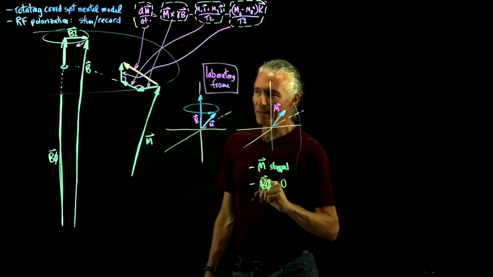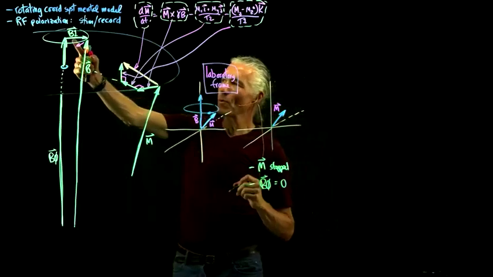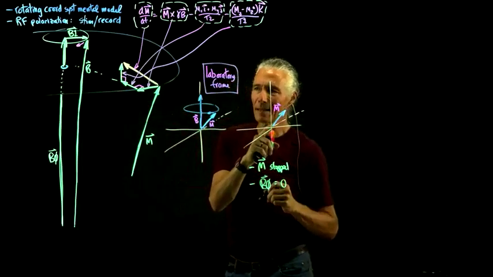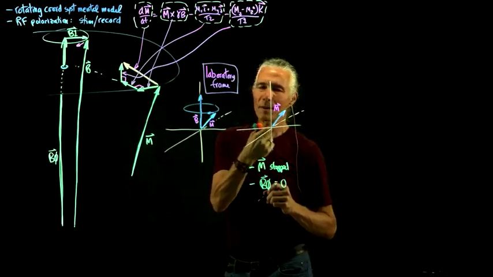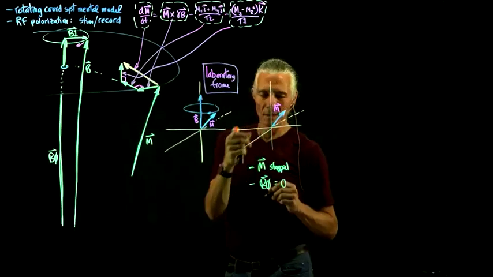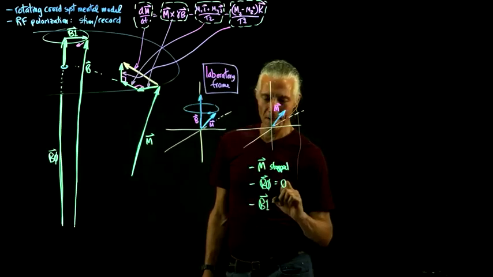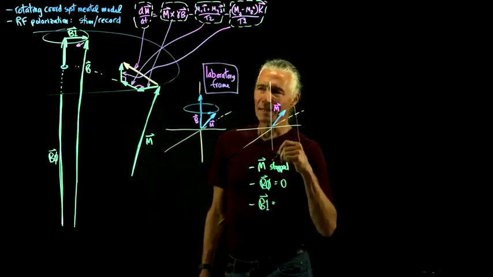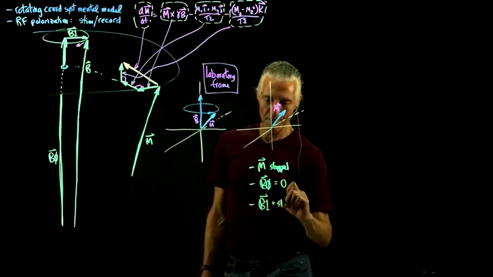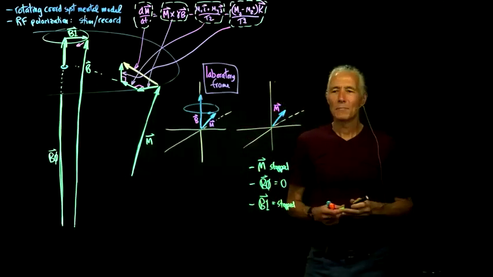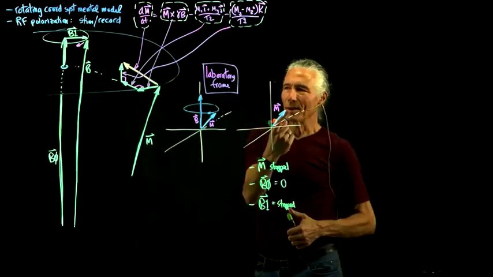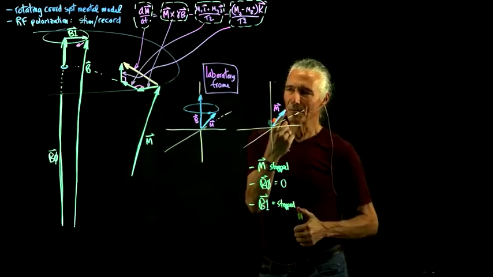But notice that if we happen to have B1 exactly at the same rotation frequency as the M vector, then B1 is also stopped. It's not 0, but it's stopped. So it stops the M vector in its tracks, doesn't change the length of it when we're spinning around.